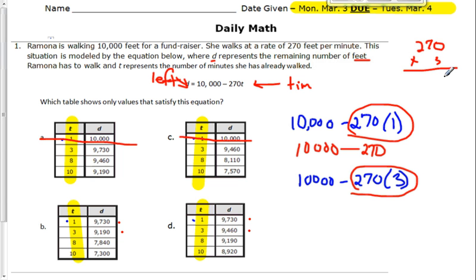3 times 0 is 0. 3 times 7 is 21. You put your 1 and you carry the 2. 3 times 2 is 6, plus 2 more is 8.